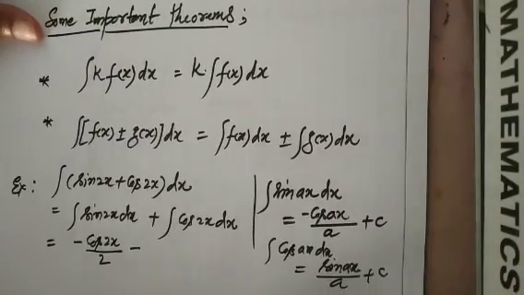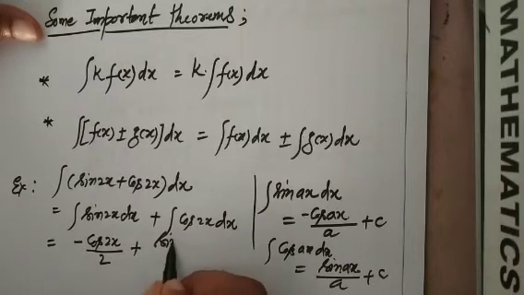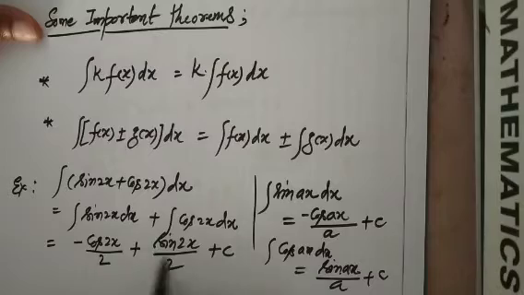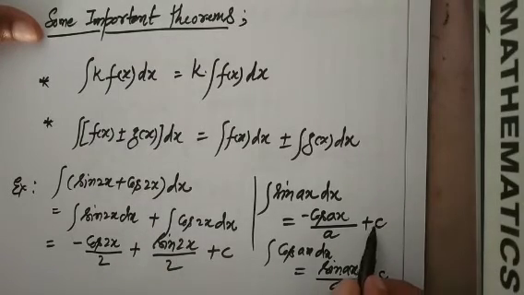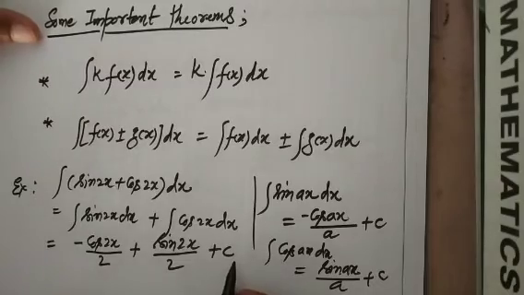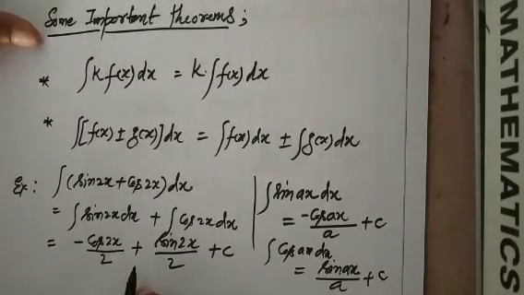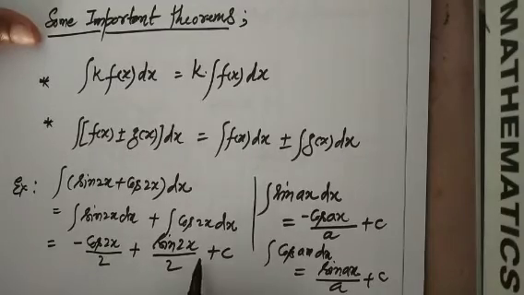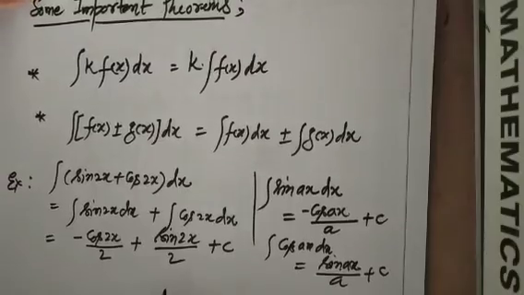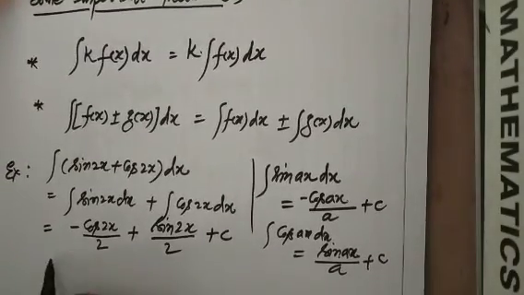Using this we can write sin 2x upon 2, and since both are integrated they will give you c as an arbitrary integral constant. This is your result, which you can simplify a little bit more, but otherwise if you leave it here, it is not wrong.